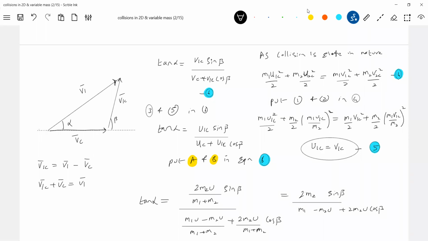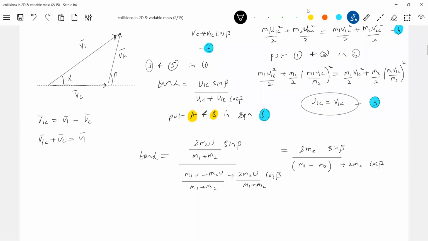Take M2 common. If you take M2 common, this will be tan alpha equal to 2 sine beta over (M1 by M2 minus 1 plus 2 cos beta). We know alpha, beta, we will get the ratio M1 by M2, which will be 3.